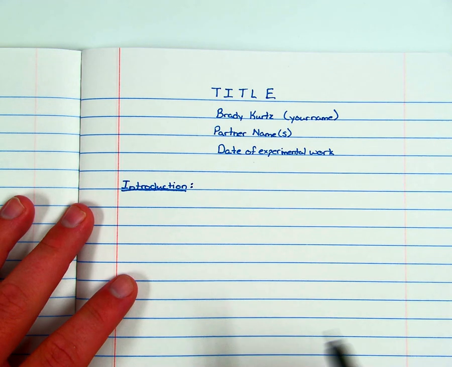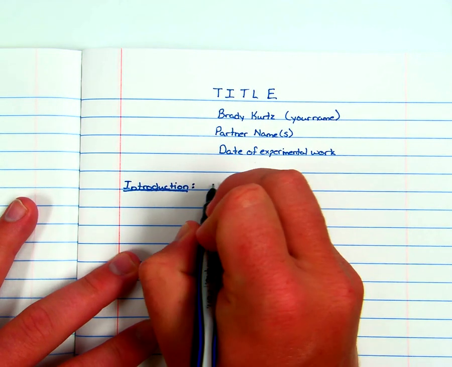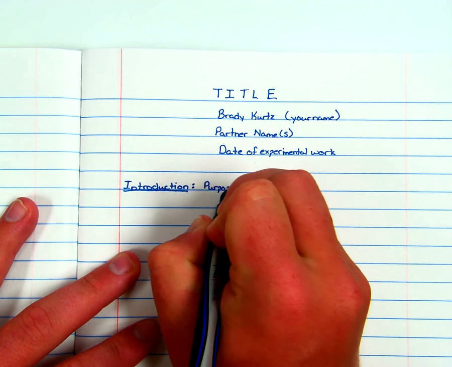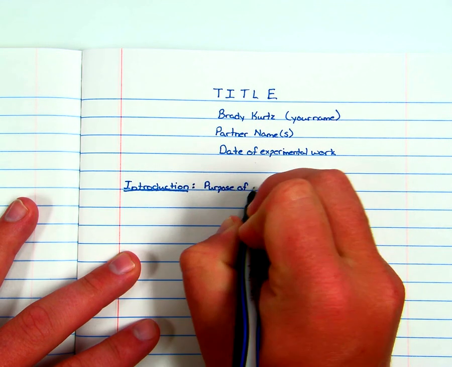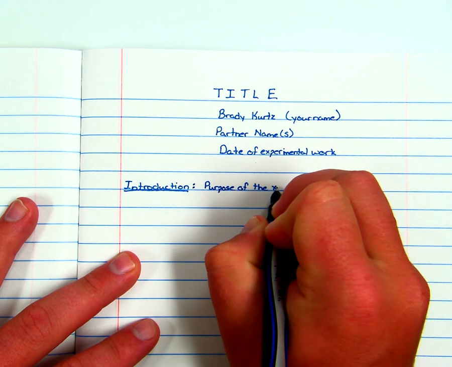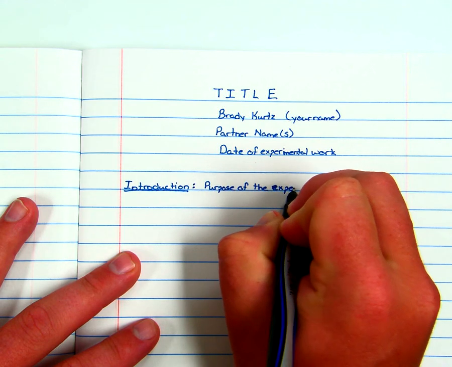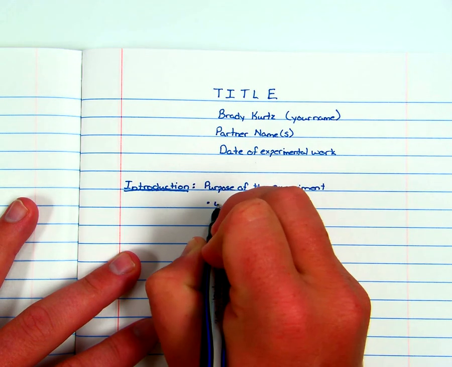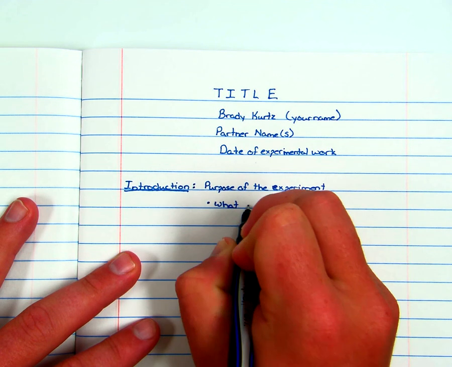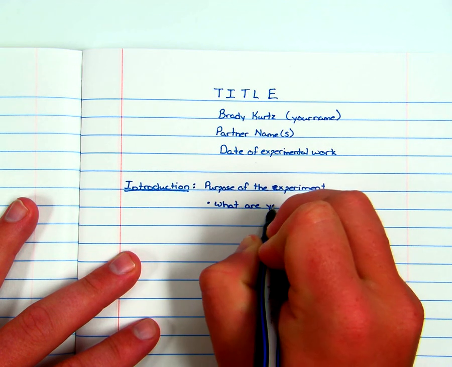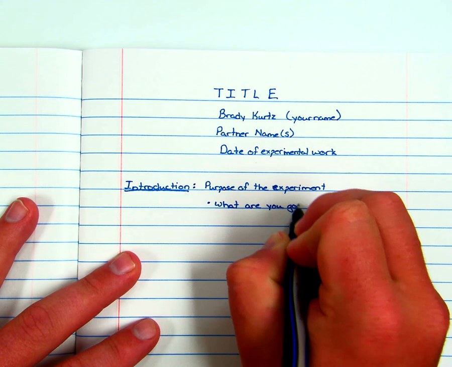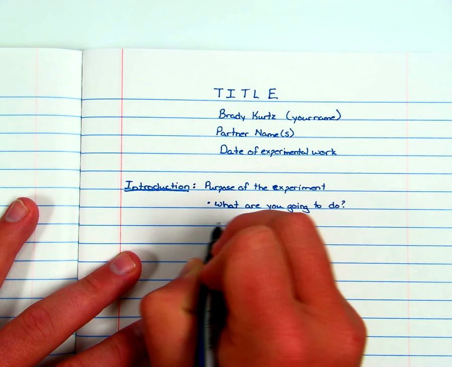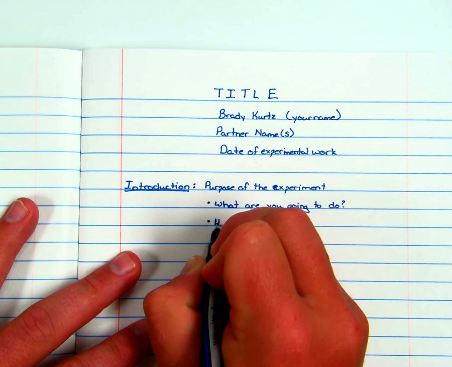The introduction is the purpose of the lab, of the experiment. So in other words, it answers the questions very briefly: What are you going to do? And how are you going to do it?